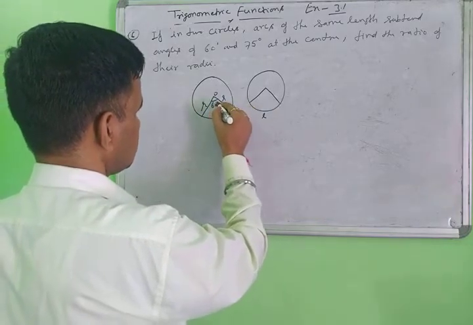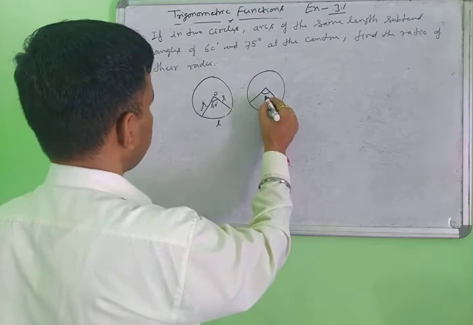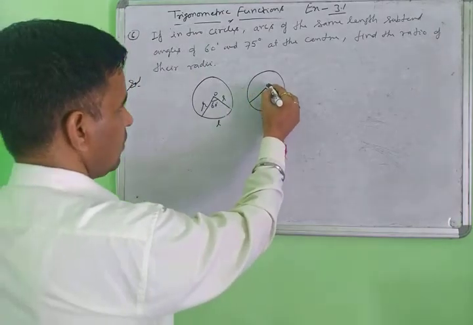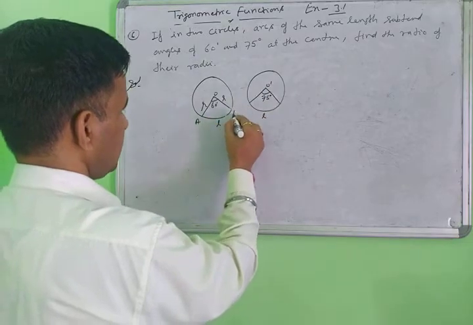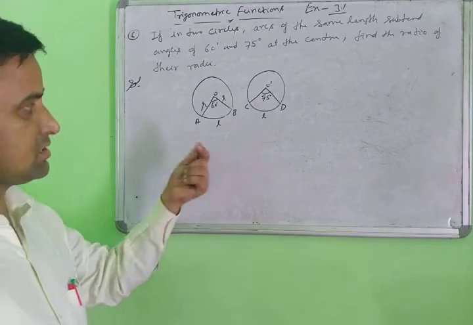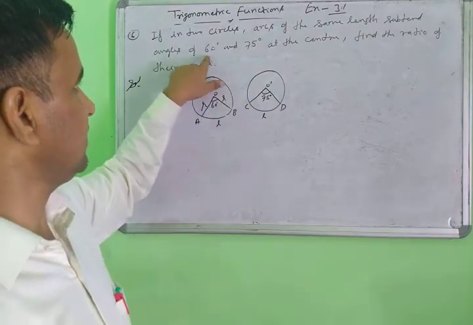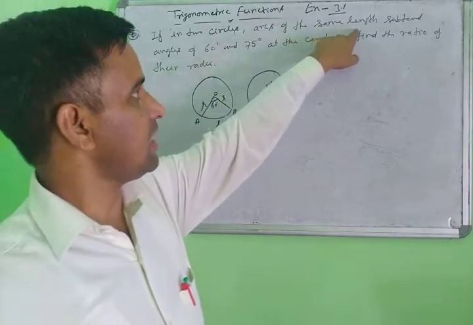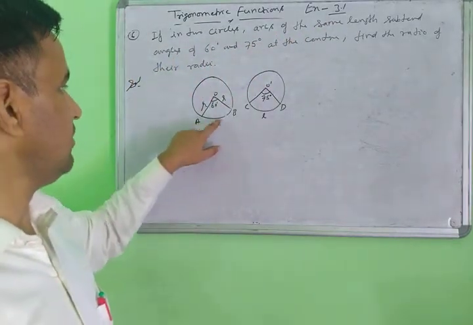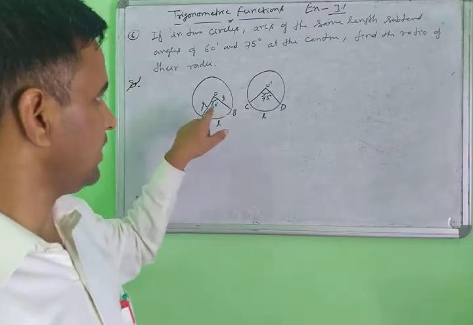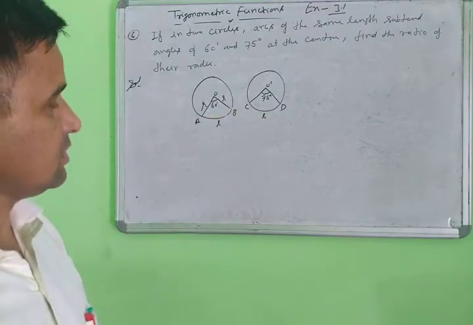This is AB and this is CD. Both arcs have the same length L, but the angles are different.